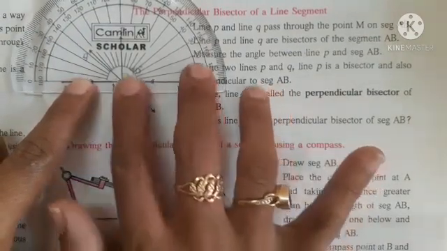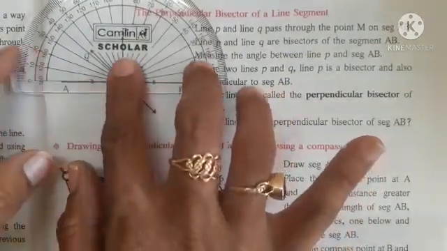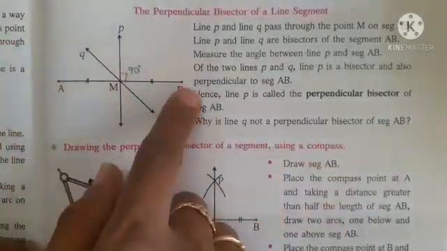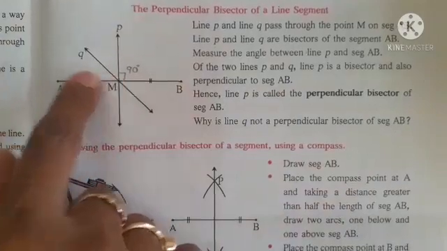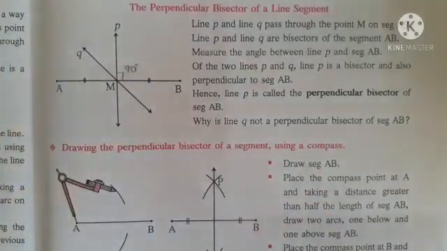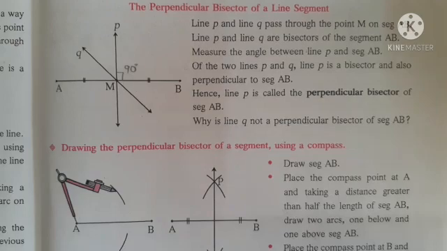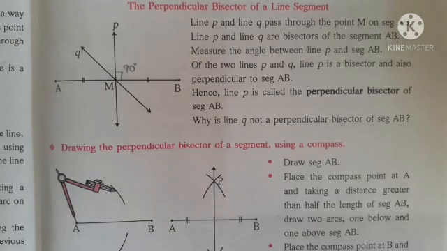Children, you all can see it is forming a right angle. Means it is forming 90 degrees with segment AB. Line P is forming 90 degrees with segment AB. So we can say that line P is perpendicular to segment AB. As we saw, a line forming a 90 degree angle is perpendicular.